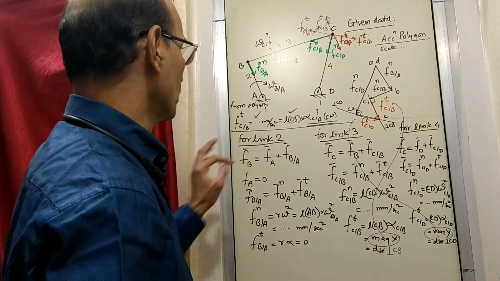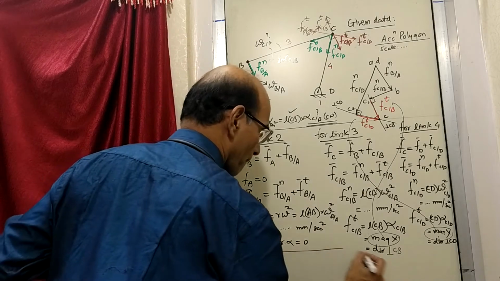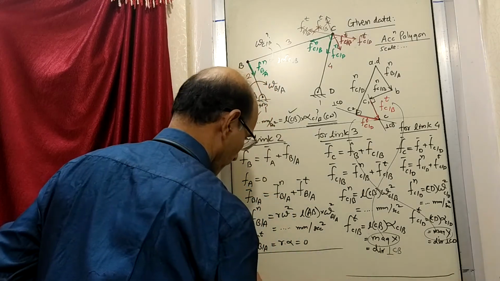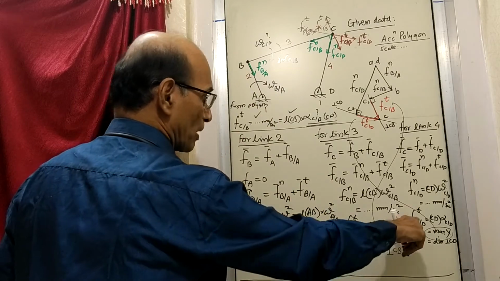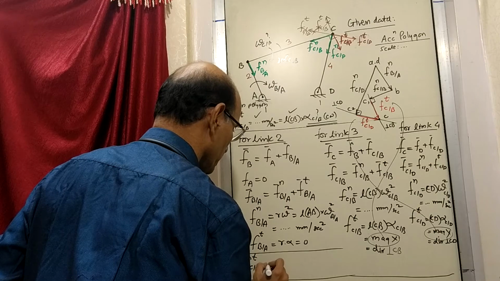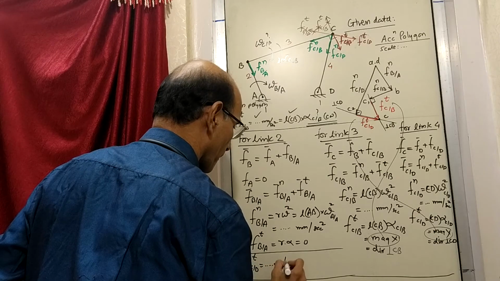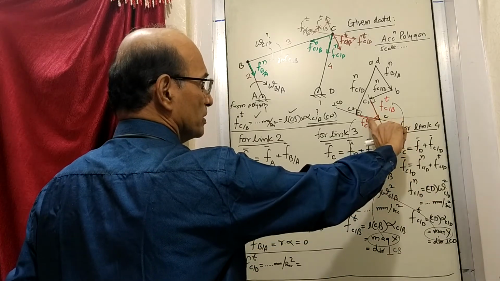Okay, so we have found out one quantity here, and the other quantity now I'll write here. So the second parameter is f^t of c with respect to d, which we have found out, which is this.